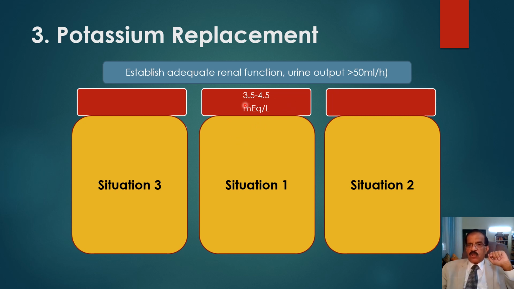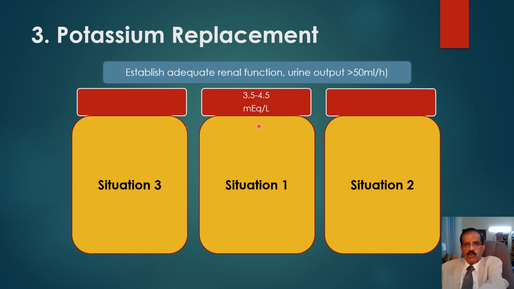So potassium is normal, but total body potassium is depleted. Now once insulin is replaced, once fluids are replaced, this extracellular potassium is going to go into the cells, resulting in hypokalemia. So to prevent that from happening, we will give potassium chloride even to somebody who has normal potassium.